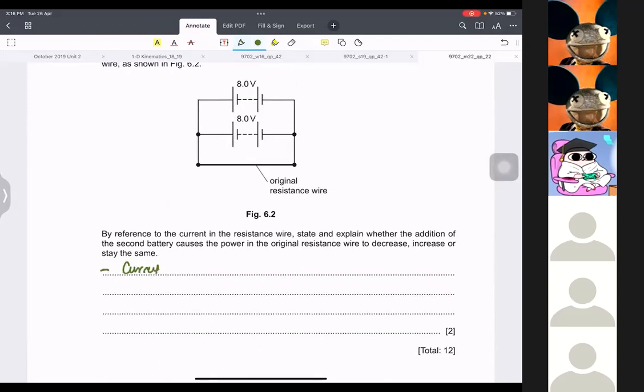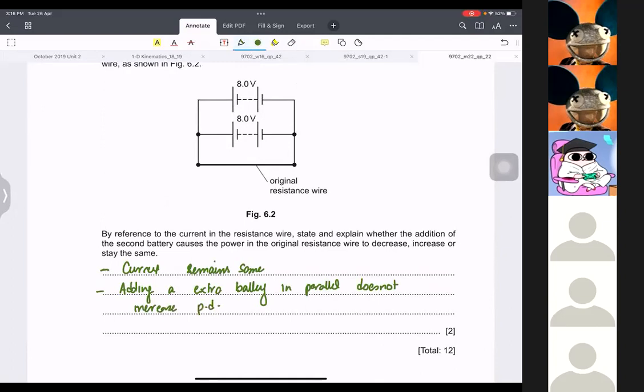Current remains the same because adding an extra battery in parallel does not increase potential difference.